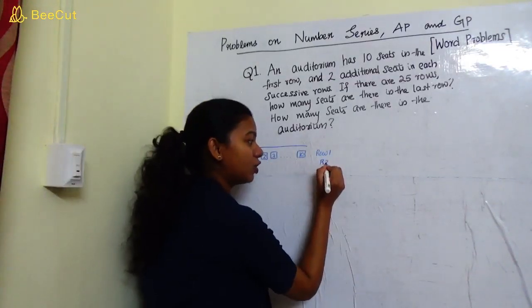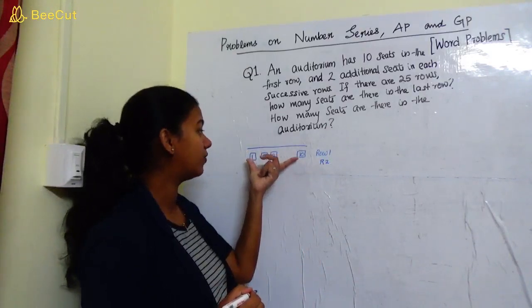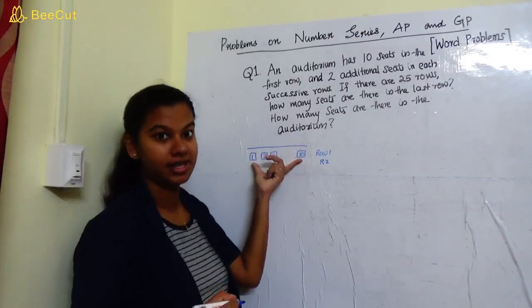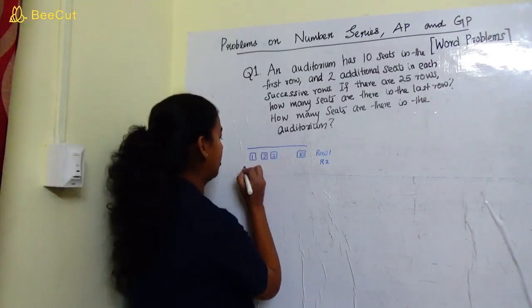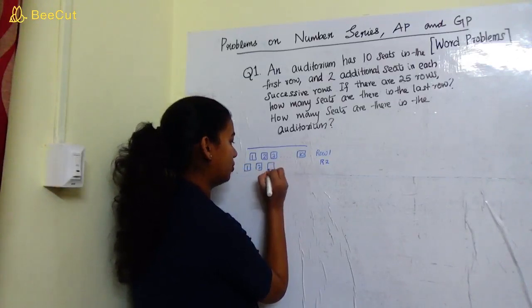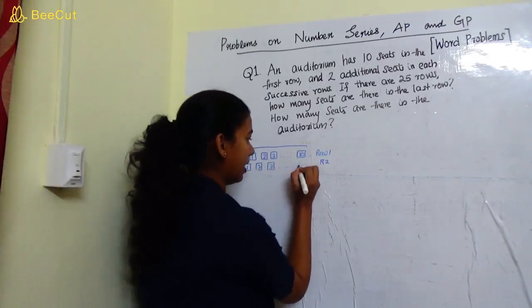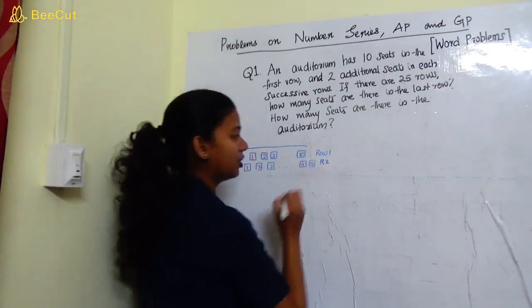What about row 2? 2 additional seats are there. That is, if the first row is having 10 seats, the second row will have 10 plus 2, that is 12 seats. That is 1, 2, 3, etc., 11, 12.